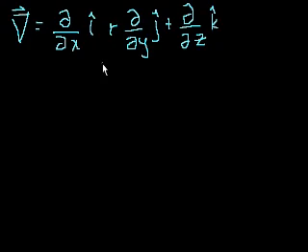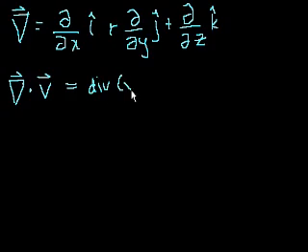When we applied it to just a scalar field, like a 3-dimensional function, we just multiplied this times that scalar function. We got the gradient. When we took the dot product of this with a vector field, we got the divergence of the vector field.